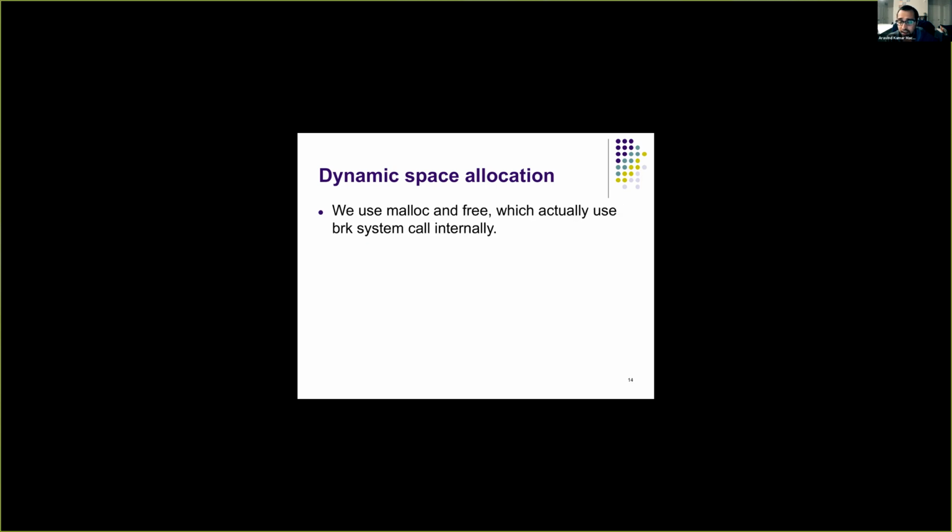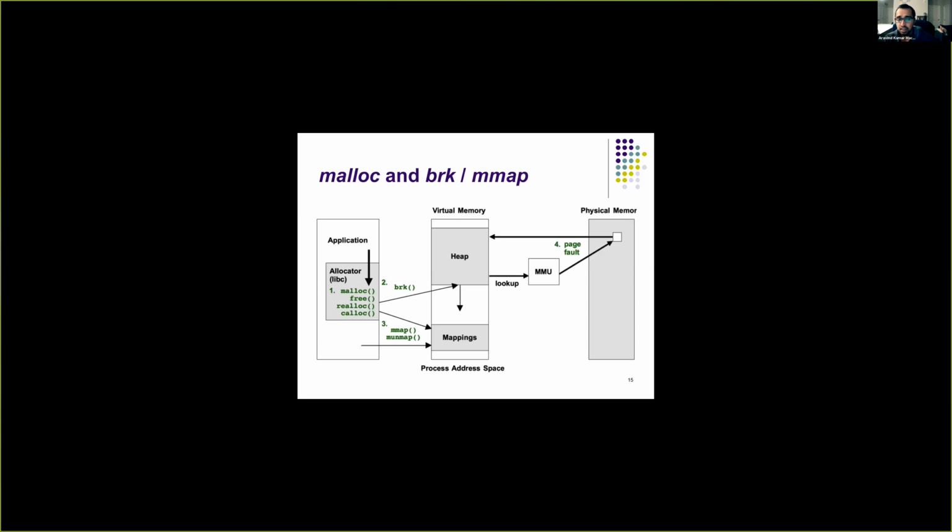You can actually see this in your program when you are running. When you want to access some memory apart from stack variables, you use malloc and free, right? malloc and free internally use this brk system call. So when an application calls the malloc function in libc, malloc actually calls the brk system call.